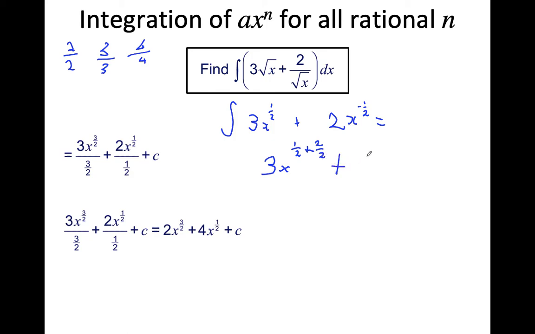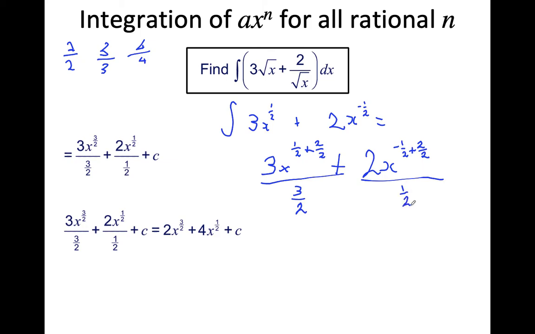Similarly, we're going to do the same for this: 2x to the power of minus half plus 2 over 2. If you can do this in your head, excellent. Then divide it by the new power. The new power is going to be 3 over 2. The new power of this is going to be 1 over 2.